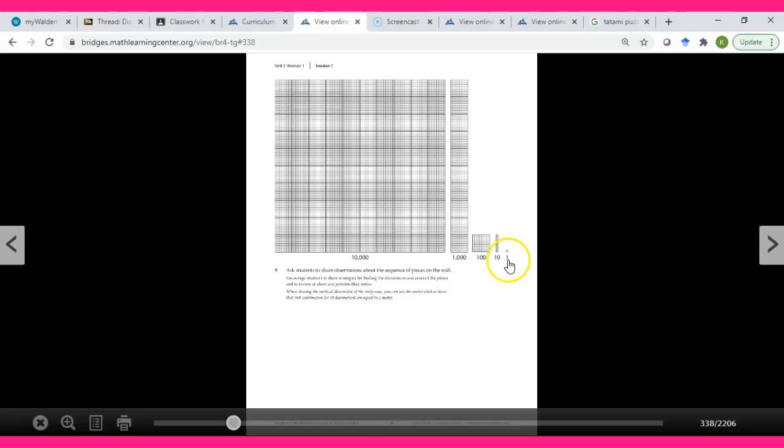Think of what they multiplied each time to go to that bigger number. When you know, put it in the comments of this video and then keep going with the rest of the assignment. You can pause here and write that down. How did they go from 1 to 10 to 100 to 1,000 to 10,000? What did they multiply by?